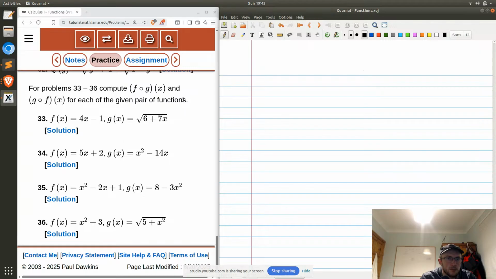Time now to do the last 4 problems. For these, compute f composed with g and g composed with f for each pair of functions. For this, we pick up g and feed it into f.